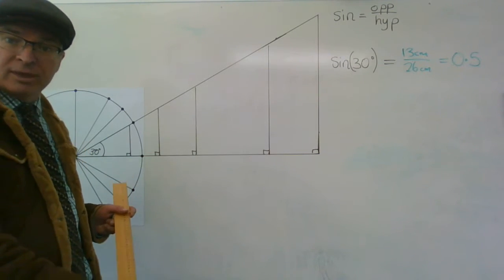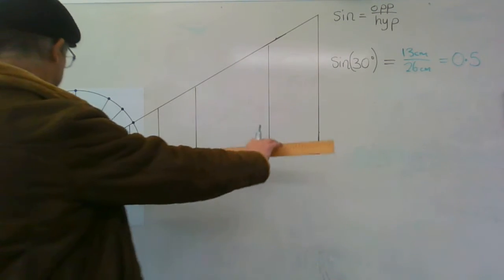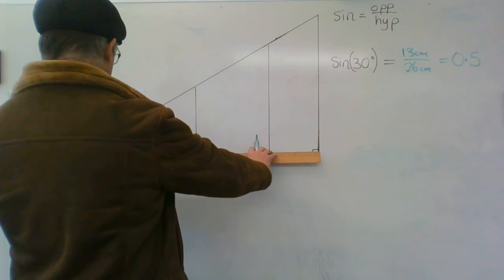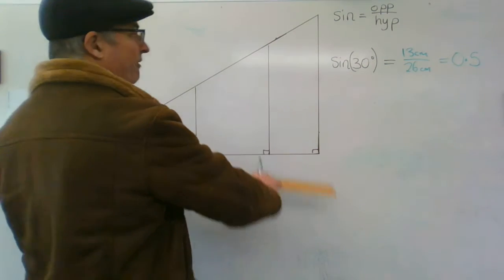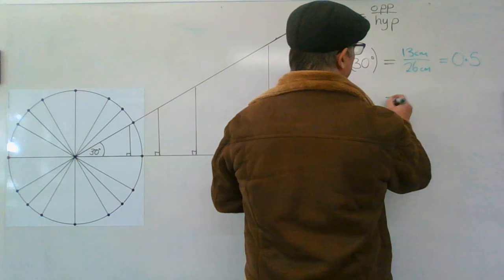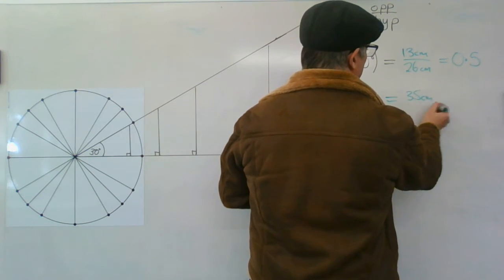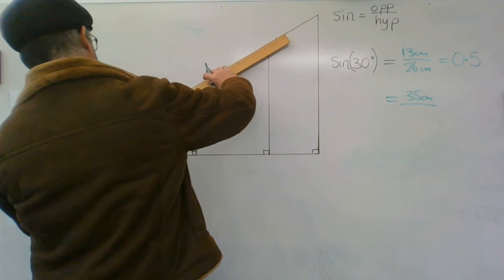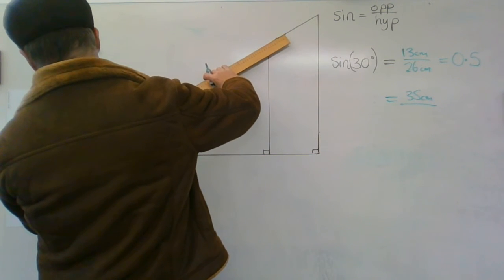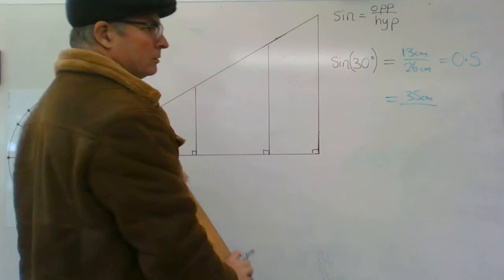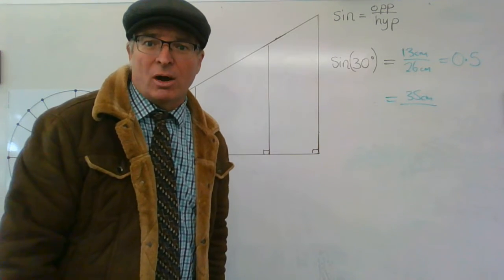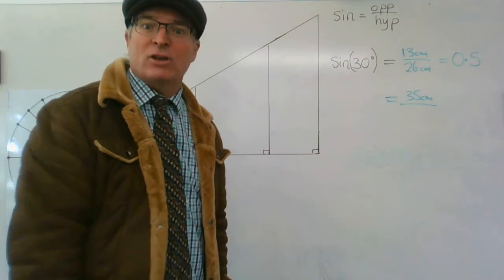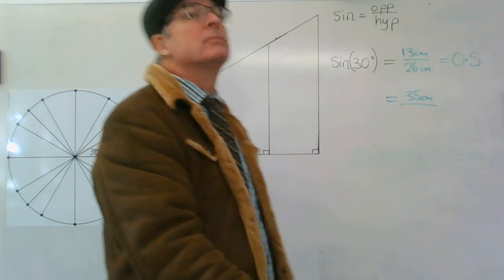Let's just check with the next biggest triangle. That's 35 centimetres. Whoa, that was the adjacent side. I'm trying to do the sine. That's opposite on hypotenuse.